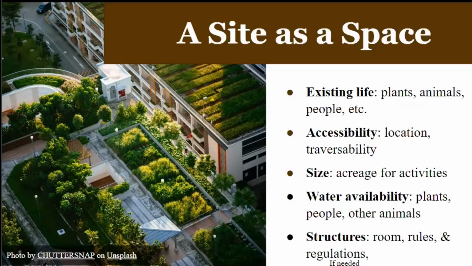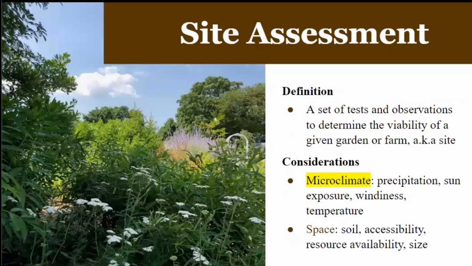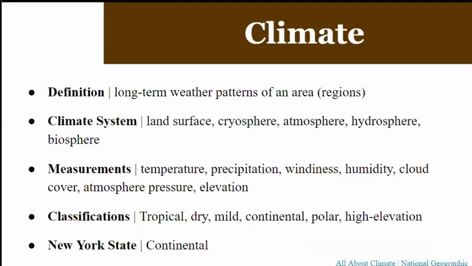Okay. So the next thing, and I talked about site assessments, was the microclimate. But before we talk about microclimate, what is even a climate? That is essentially the long-term weather patterns of an area or region. There's a climate system that includes the land surface, so that's the soils and topography.